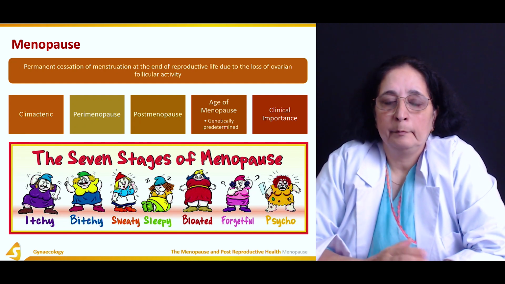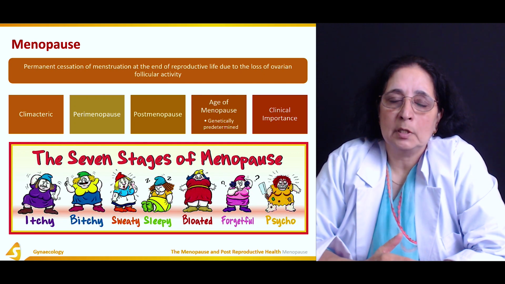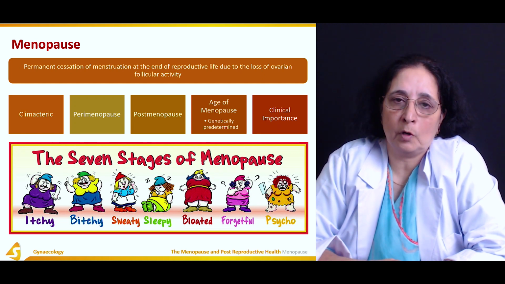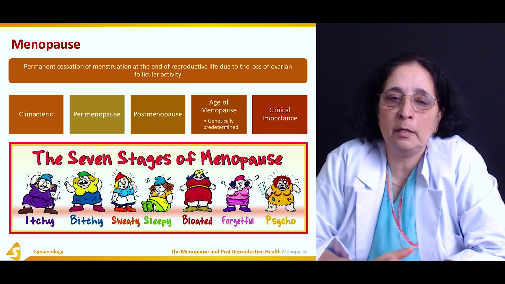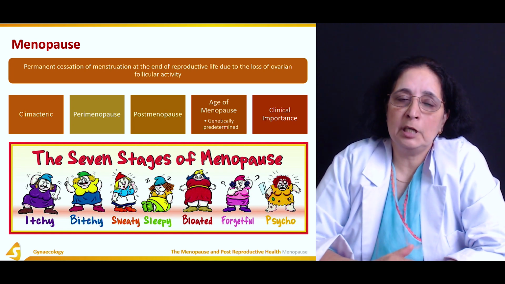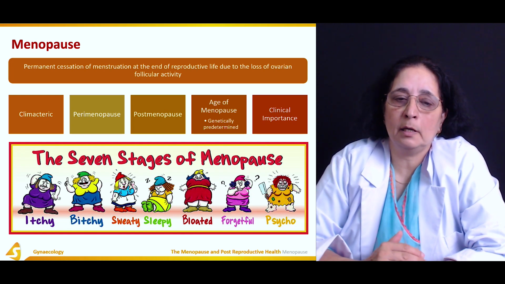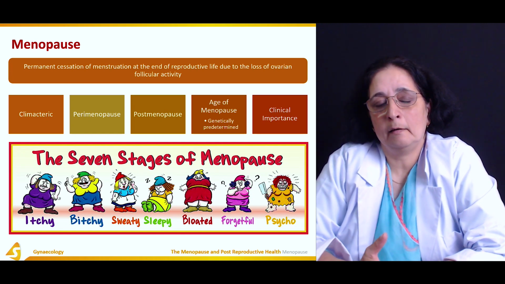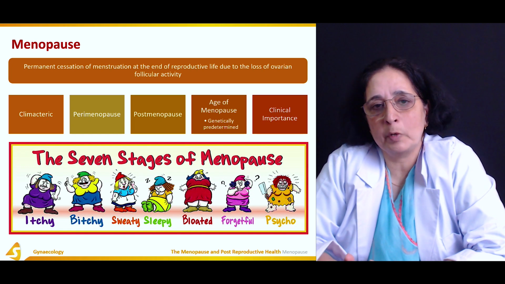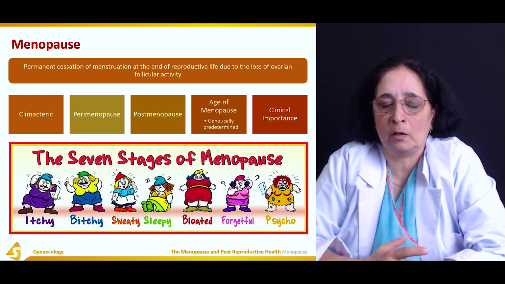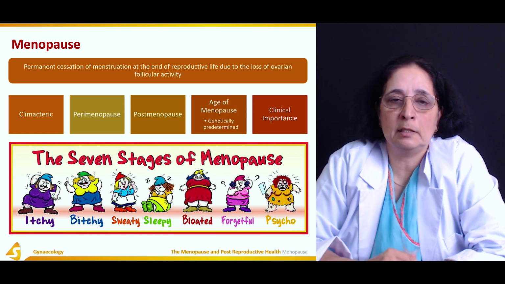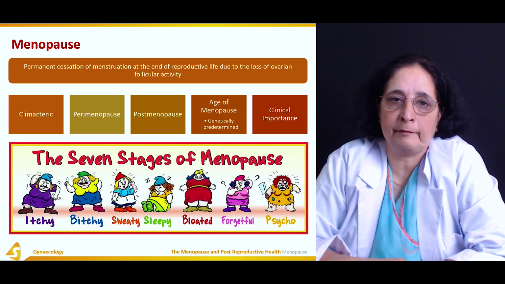Then at the time of menopause, as the changes are occurring, there is a period known as perimenopause, which is the time around the menopause. Those changes occur in the female during that period. Also, there are usually mood swings, and a very important change at this time is that cycle regularity is affected.